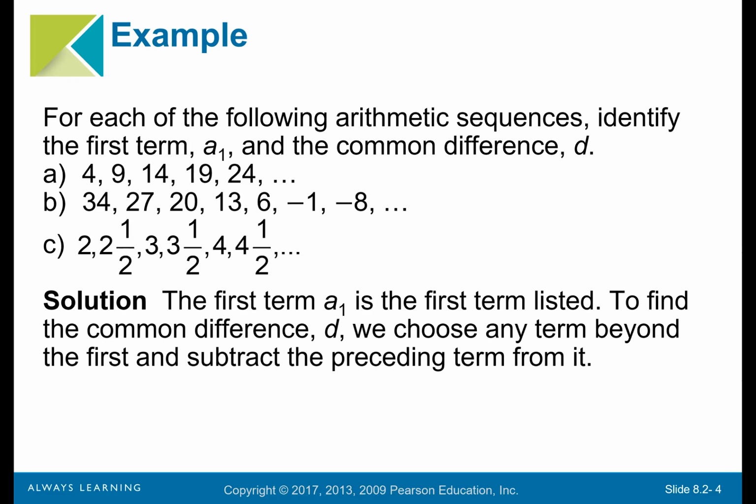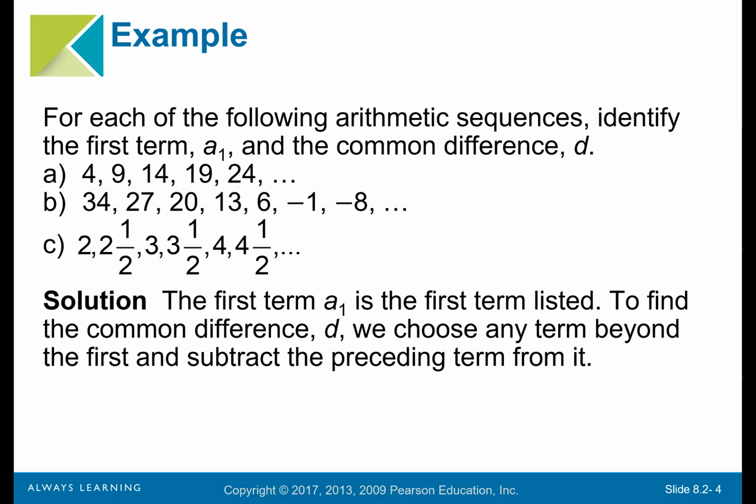-7. And you can find d anytime by taking any term in the sequence. So I could take 6 and subtract the term before it. So 6 minus 13 is -7. Or 13 minus 20 is -7. So to find the common difference, you'll take any term and subtract the preceding term. That way the sign will be correct.